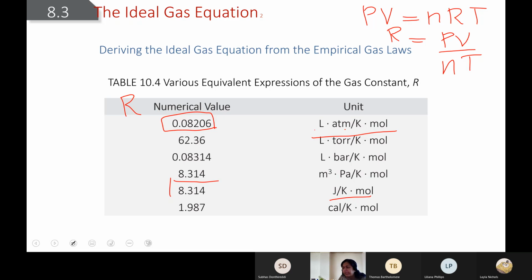Most of the time we will work with the other unit, but when you move to 152 or General Chemistry 2, there you are going to learn about equilibriums, rate law equations, and energies, the thermodynamics. Then you will use this value.